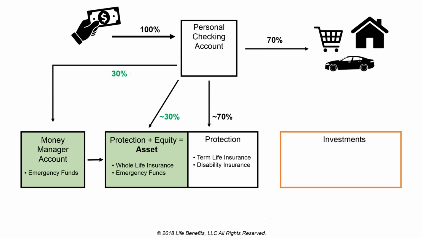Now, once all the debt's gone, now instead of debt over here, you have investments that you might want to make. And notice here that the 30% of your income that was coming from the personal checking account, it was 10%, now it's 30%, because you don't have the 20% bleeding out to those debts on the right-hand side. Now that's coming directly to you. So we have the investments over here. Where are you going to get the money for the investments?